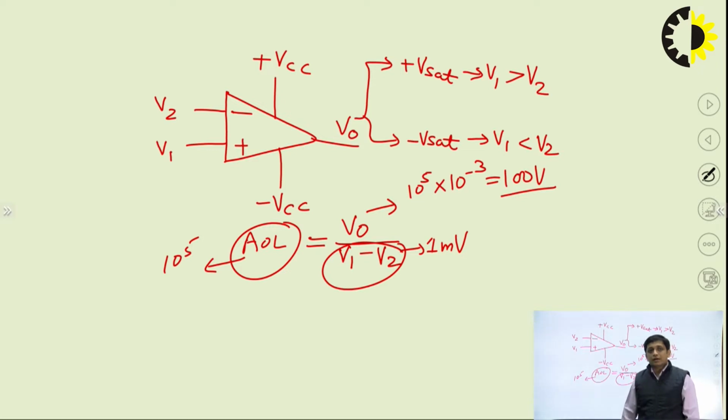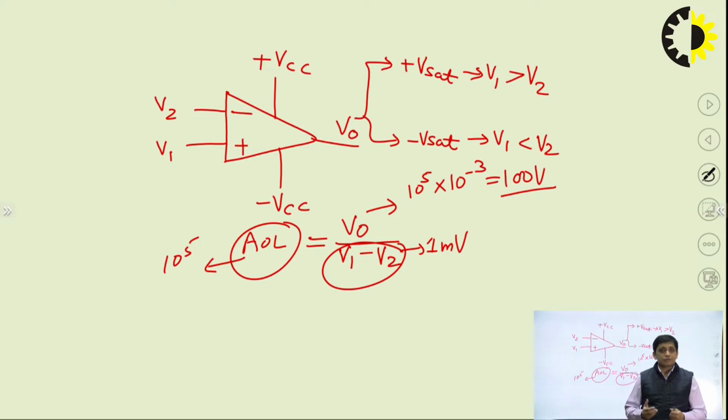So it means that when there is no feedback path in the operational amplifier, then because of the high open loop gain, the output of the op-amp gets saturated to one of the values, either plus Vsat or minus Vsat, depending upon which voltage is greater at the input terminal.